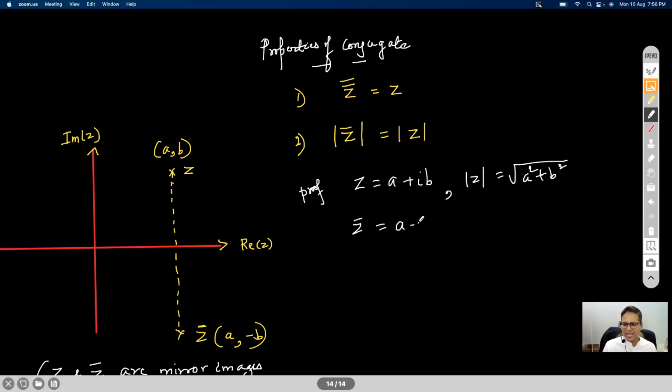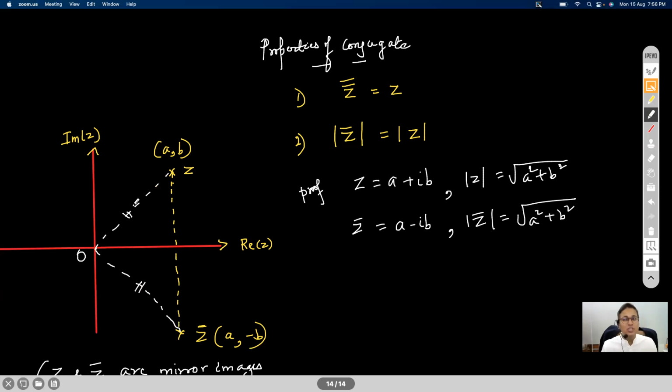Its conjugate will be a minus ib, so its modulus will again be under root of a square plus b square, because we are squaring minus b. So the distance of z from the origin and the distance of z conjugate from the origin are the same, which is obvious because they are mirror images of each other.